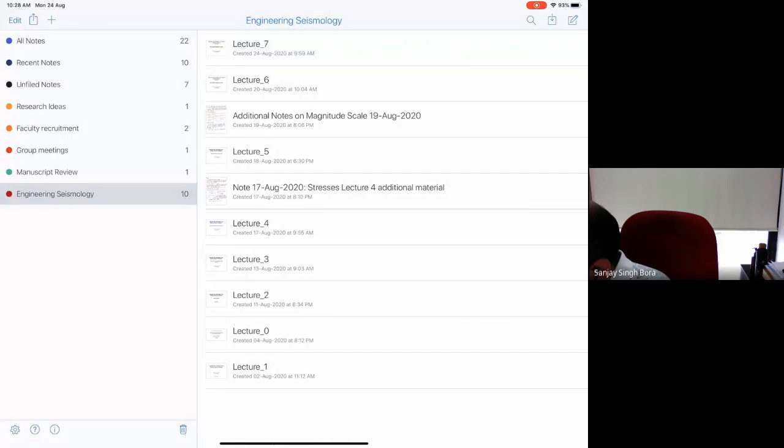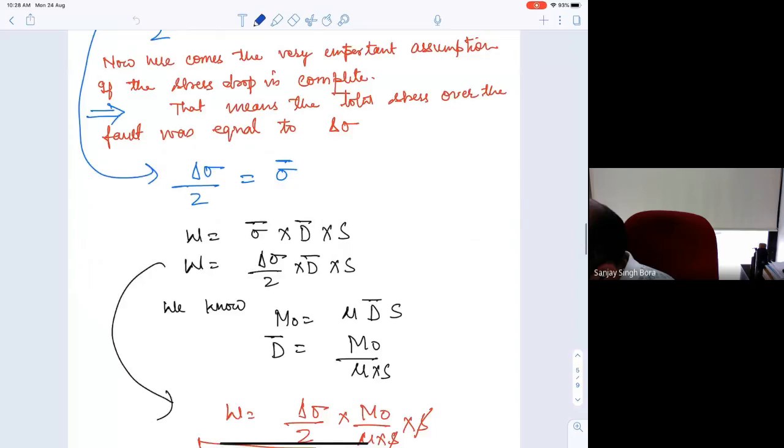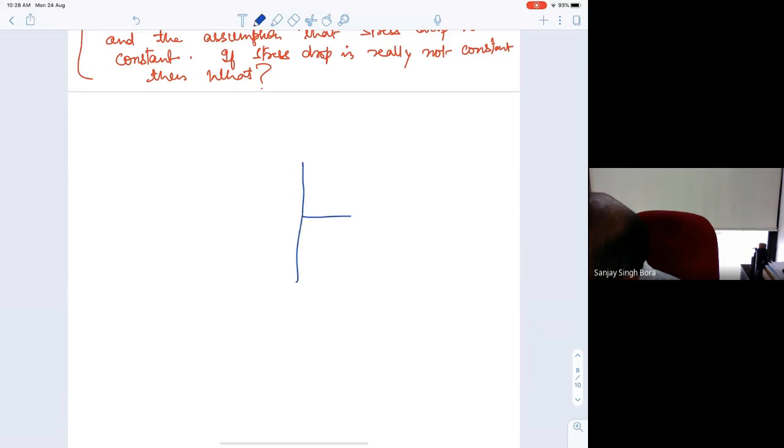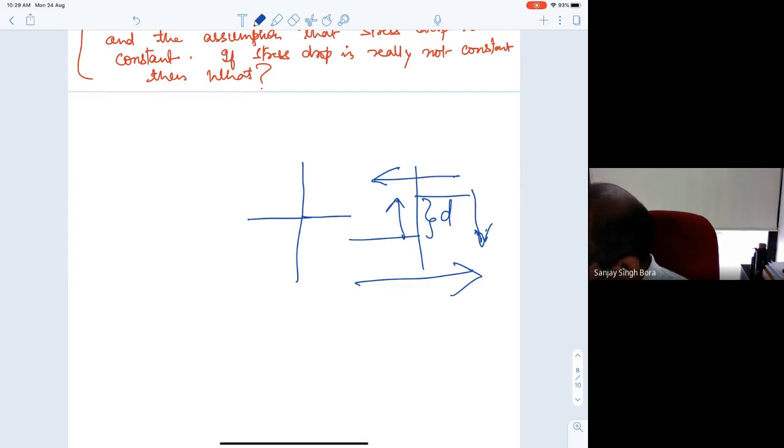The derivation is again with respect to a double couple. As I said, initially this was the fault location. After this, one side has moved, and this is D. This is one direction force, the other is like this. At the same time, to stop the rotation, we should have one force in this direction and another force in this direction.